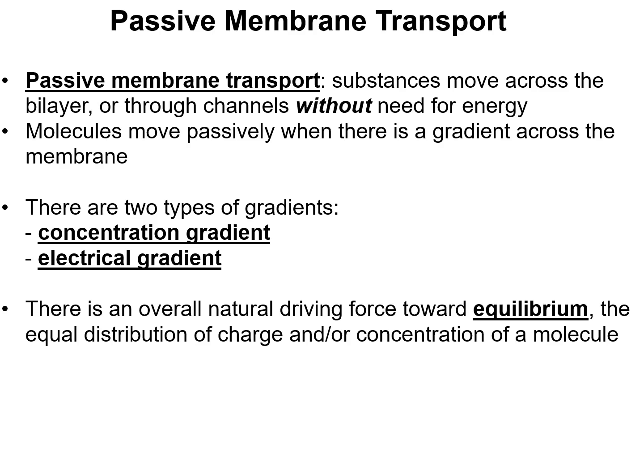And this process will continue until we reach equilibrium. The transport of any molecules will not stop until we get equal distribution of the concentration of a specific molecule on either side of the plasma membrane.